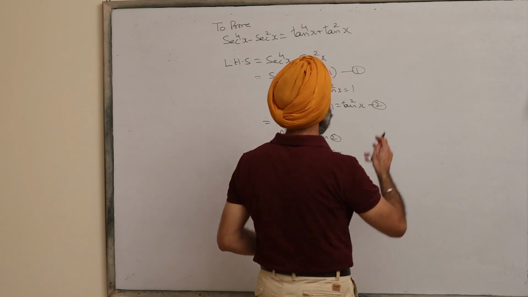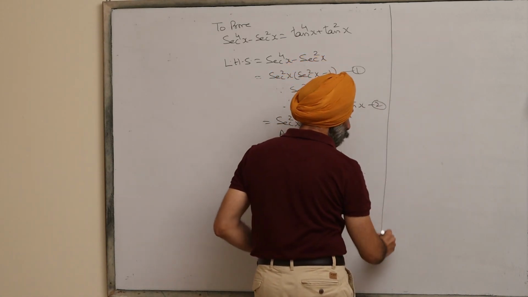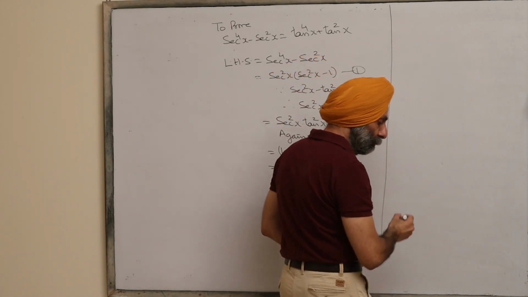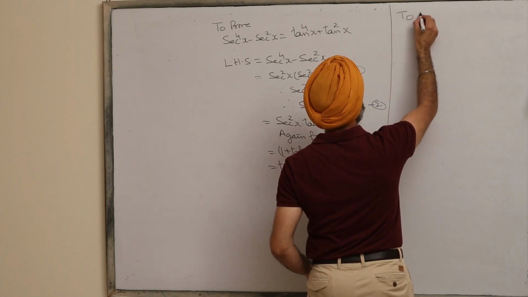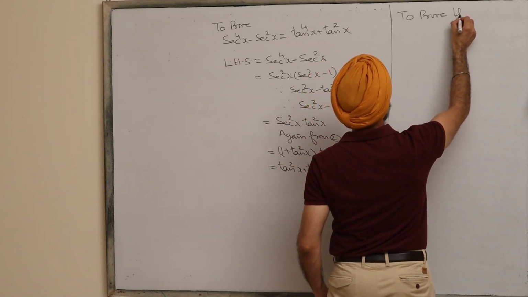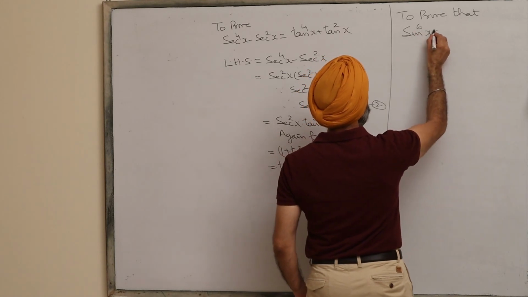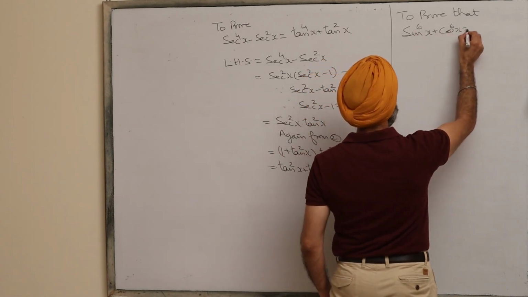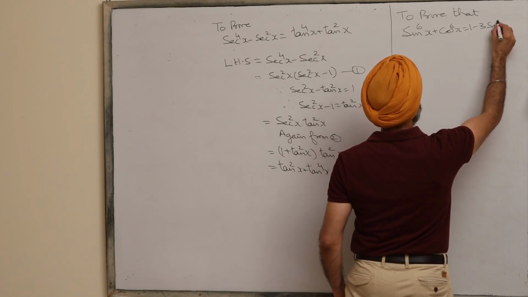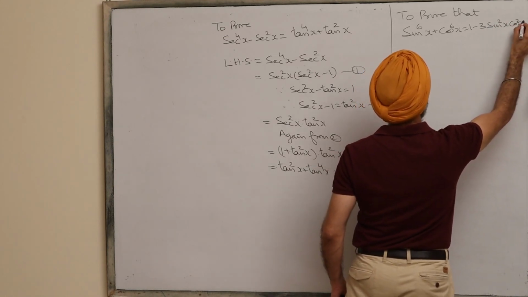Now the next question is, for example, we have to prove that sin raised to power 6x plus cos raised to power 6x is 1 minus 3 sin square x into cos square x.